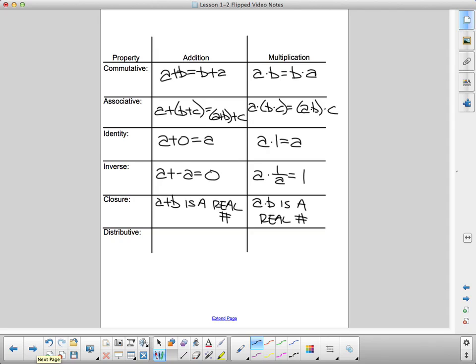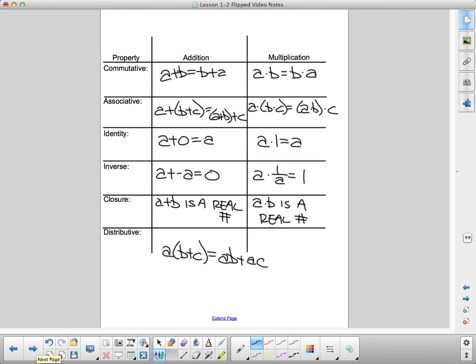And then distributive we've seen before. What it's going to say is that A times (B plus C) is the same thing as AB plus AC. Distributive property, and we've seen that before.